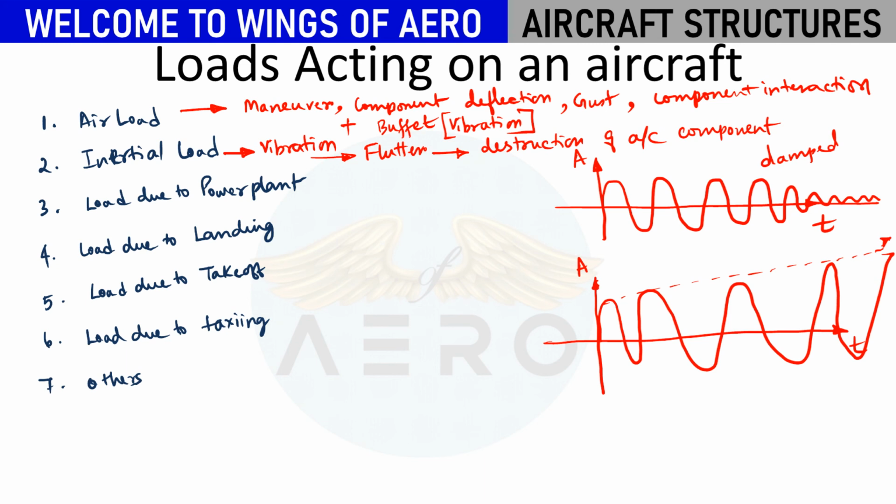So due to that, a small amount of vibration initiates another rise in amplitude. Okay, so that leads to destruction of any component or any twist. If there is a twist formation in an aircraft, then aerodynamic characteristics will change. If aerodynamic characteristics change, then it will lose its control and finally lead to destruction of an aircraft.